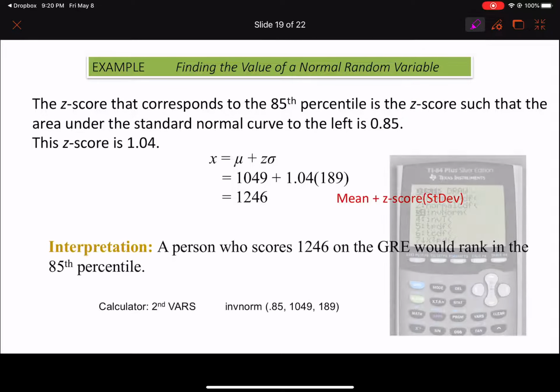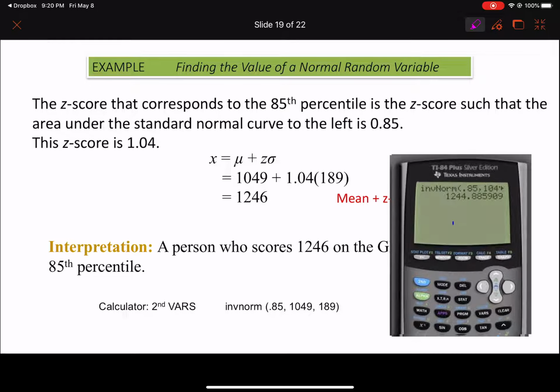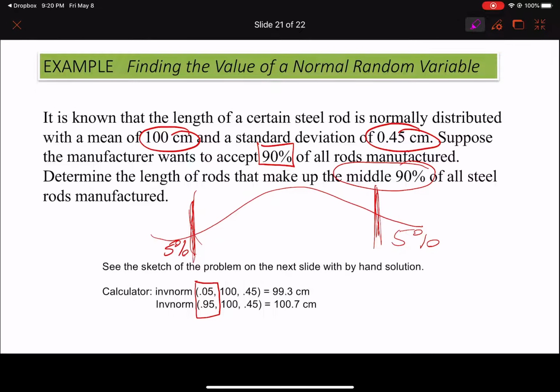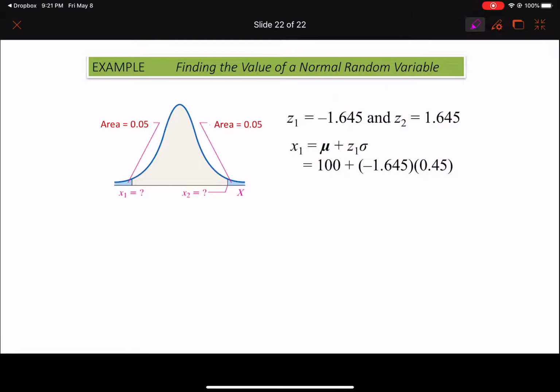And so I took my mu plus z times my standard deviation, and I got 99.26 for my lower end. So down here is 99.26.